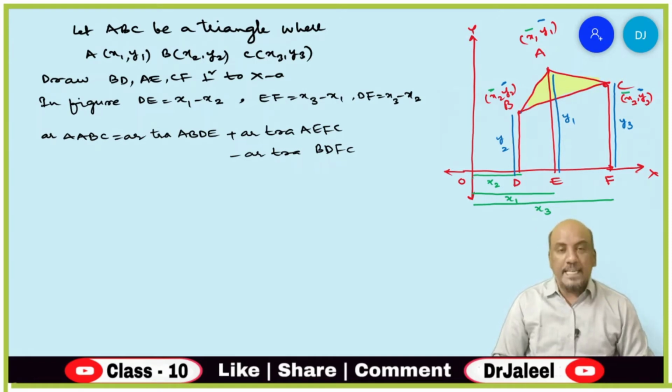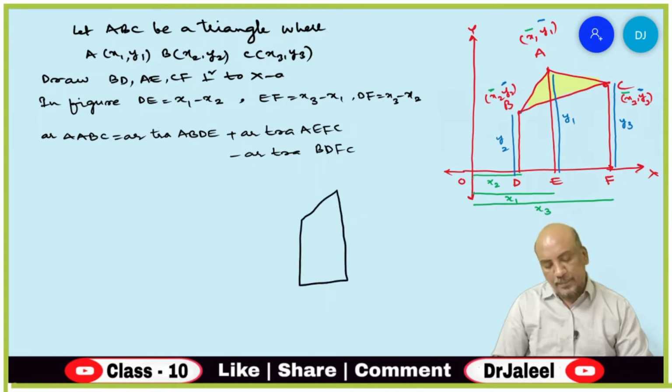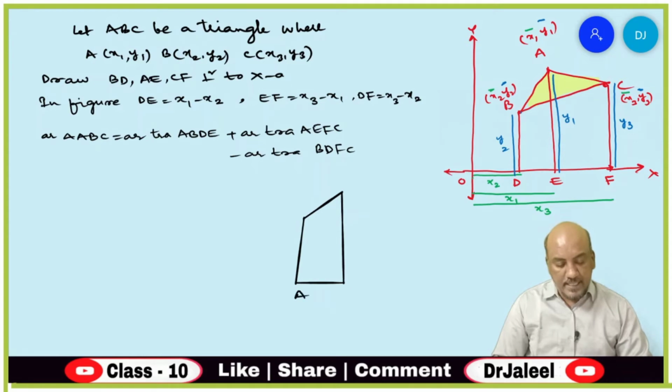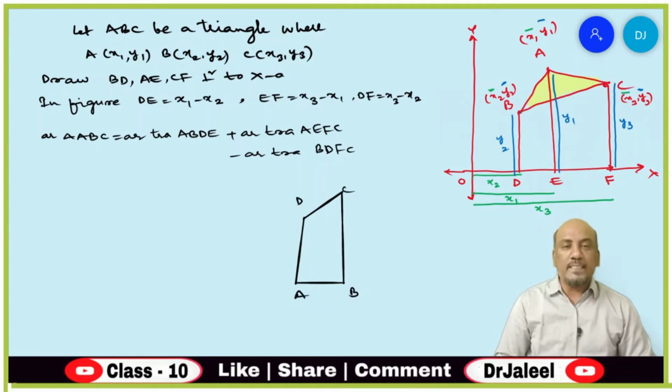Now let's understand what is the area of a trapezium. Suppose this is a trapezium, let me take it as A, B, C, D. When can you call it a trapezium? If one pair of lines is parallel, then it is called a trapezium. So here AD is parallel to BC.